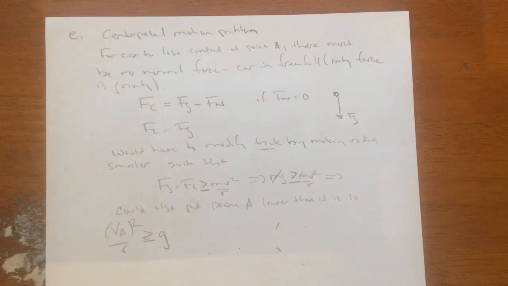Or you could tighten that radius, so you get a lower R. I'd walk them through the equation, on what you're going to manipulate. This one's not asking you to solve anything, but you would want to show that, because masses are going to cancel, your centripetal acceleration, velocity squared over r, is going to be greater than g.